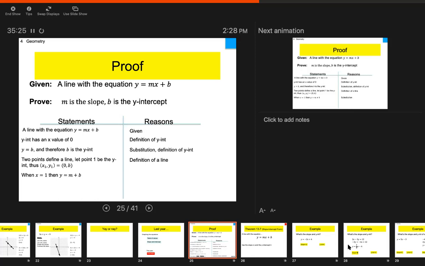I'm going to let x equal 1. Then I get y equals m plus b. So when x equals 1, y equals m plus b. There's my second point.